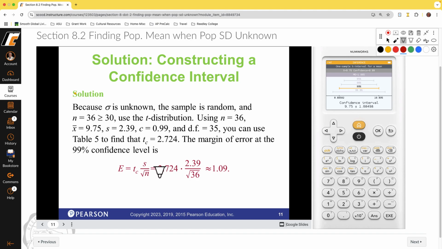And the critical value for t, they had to find that. They took the standard deviation from the sample, divided it by the square root of the sample size, and all that's multiplied out. They got about 1.09, slightly more than we had, probably a slight rounding error in there because they're only using 3 decimal places. Remember, our calculator carries through all the decimal places as it goes through.